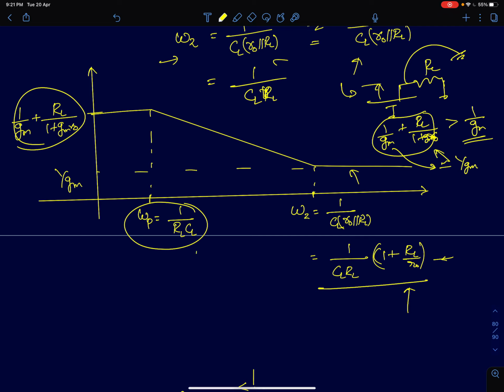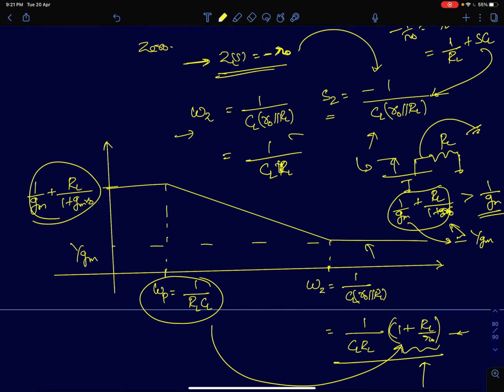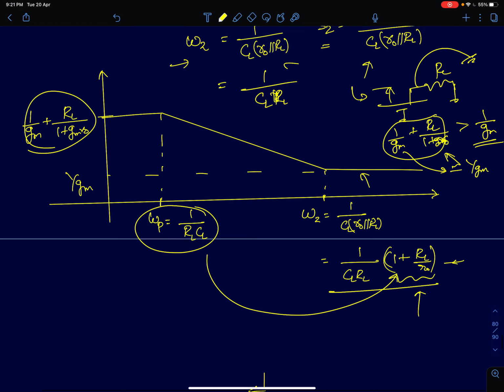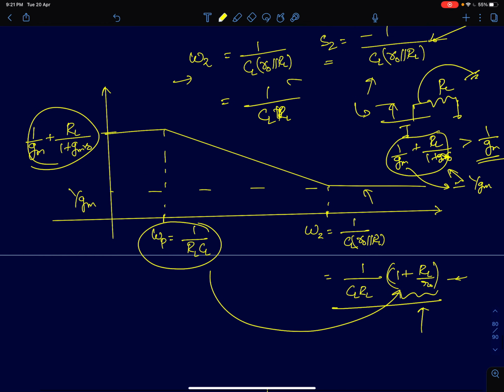So we can see the zero is higher than the pole by a factor of 1 plus RL by R naught. So that's what this expression tells us: the frequency response graph shows the input impedance decreases as a function of frequency.